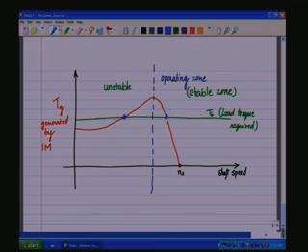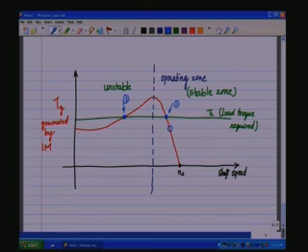So let me call this point 1, and let me call this point 2. Now, due to some disturbance, let us say the operating point has shifted slightly here.